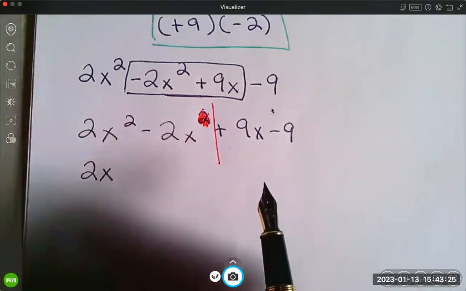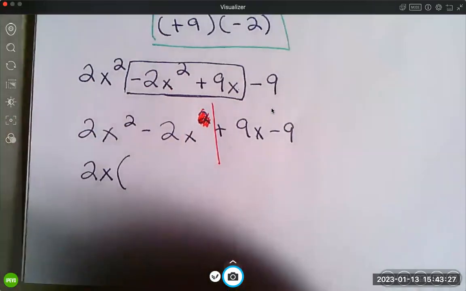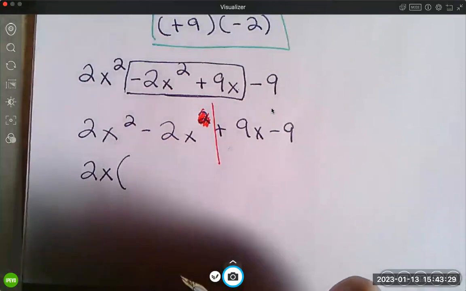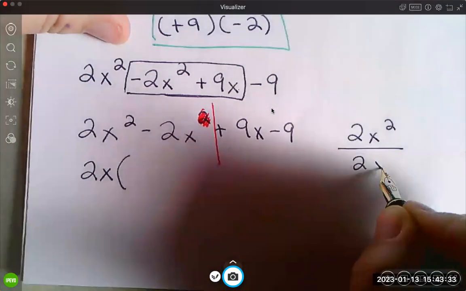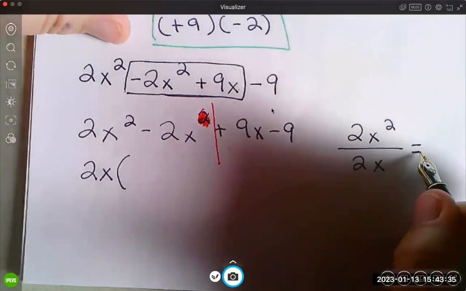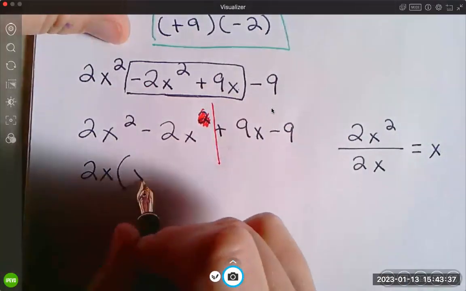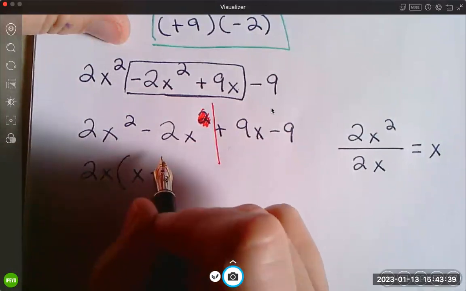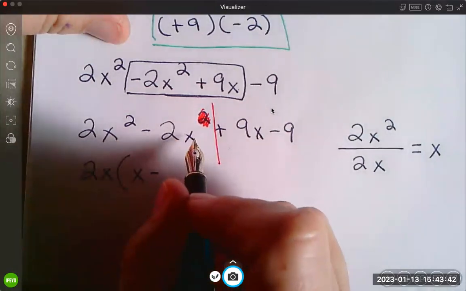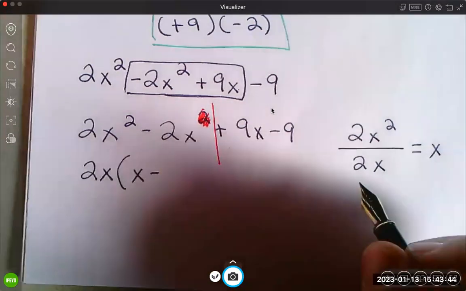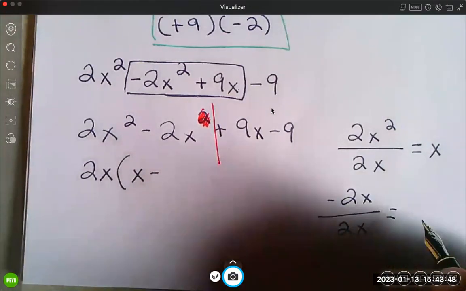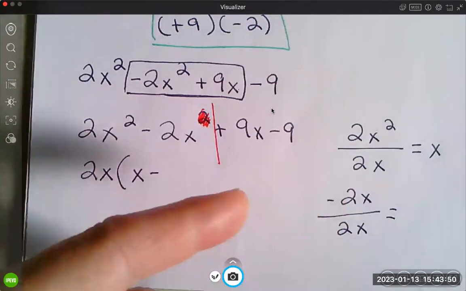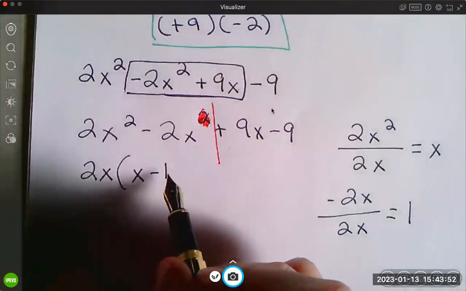Okay, so I'm going to factor it out, which means divide it out. So what is 2x squared divided by 2x? Well, that just equals x. And then what is negative 2x divided by 2x? Anything divided by itself is 1, right? So that's 1. So x minus 1.